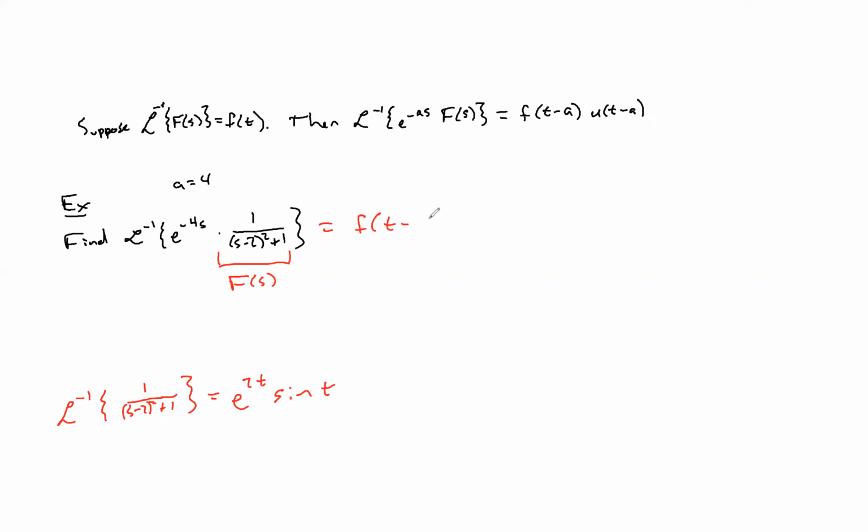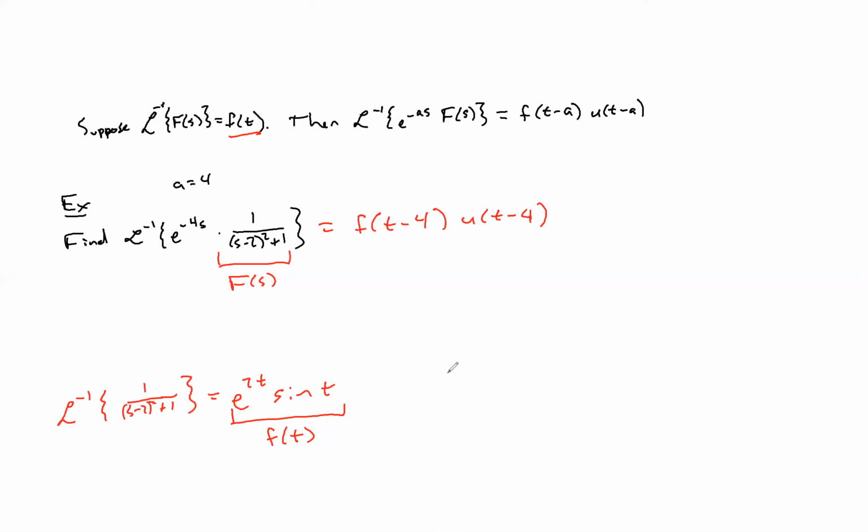Where a is 4, f of t minus 4 times u of t minus 4. But what is f of t minus 4? Well, this thing right here is f of t, right? It's the inverse Laplace transform of our capital F. It's f of t.